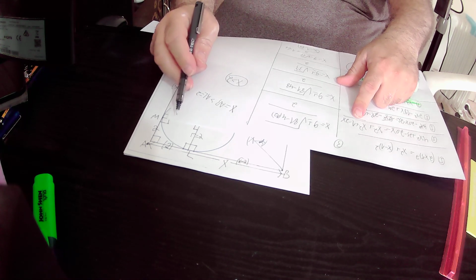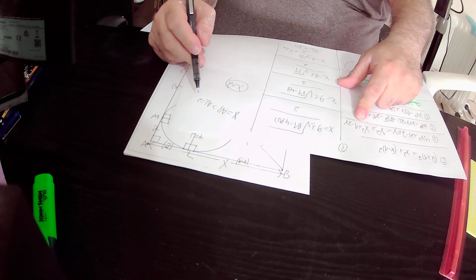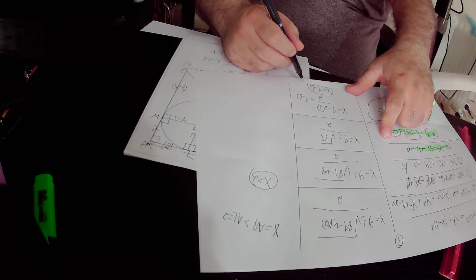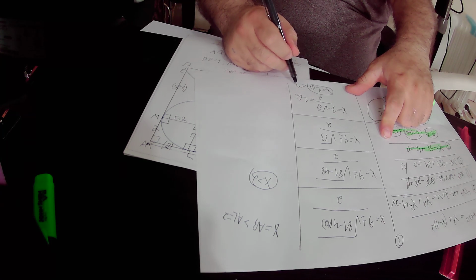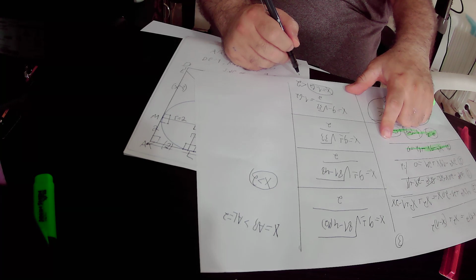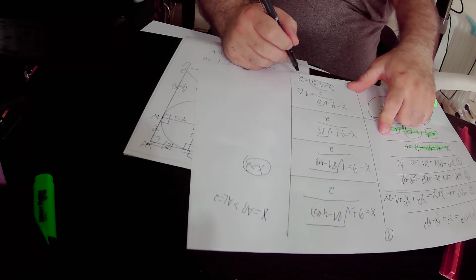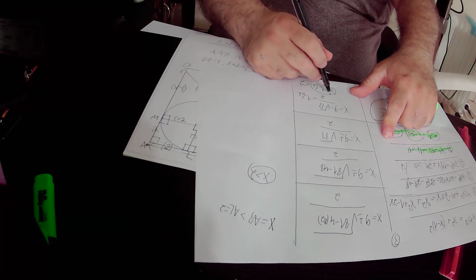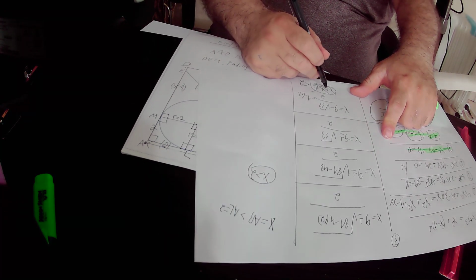X is greater than 2 units, and the solution x equal to 1.62 is less than 2 units. And x must be greater than 2 units. Therefore, this solution is an incorrect solution. We cancel this solution.